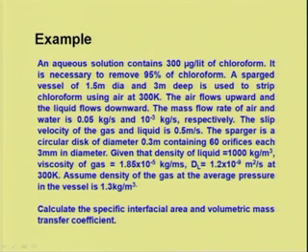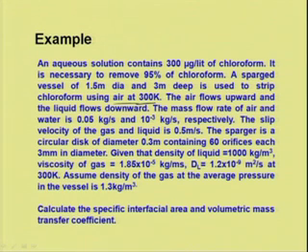A sparged vessel of 1.5 meter dia and 3 meter deep is used to strip chloroform using air at 300 Kelvin. The air flows upward and the liquid flows downward. Thus, the mass flow rates of air and water are 0.05 kg per second and 10 to the power minus 3 kg per second respectively.